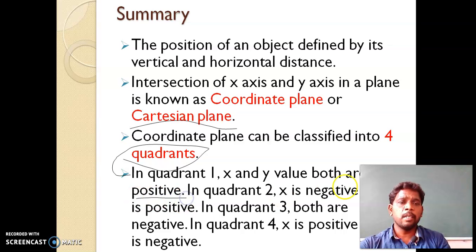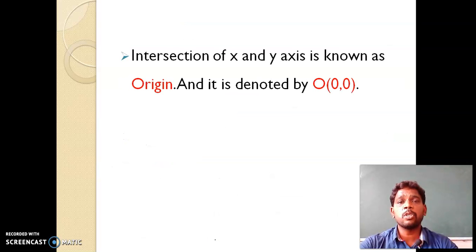In the second quadrant x is negative and y is positive. In the third quadrant both are negative, and in the fourth quadrant x is positive and y is negative. Look at the next one: the intersection of the x-axis and y-axis is known as the origin. Already we know that, and it is denoted by O(0, 0).